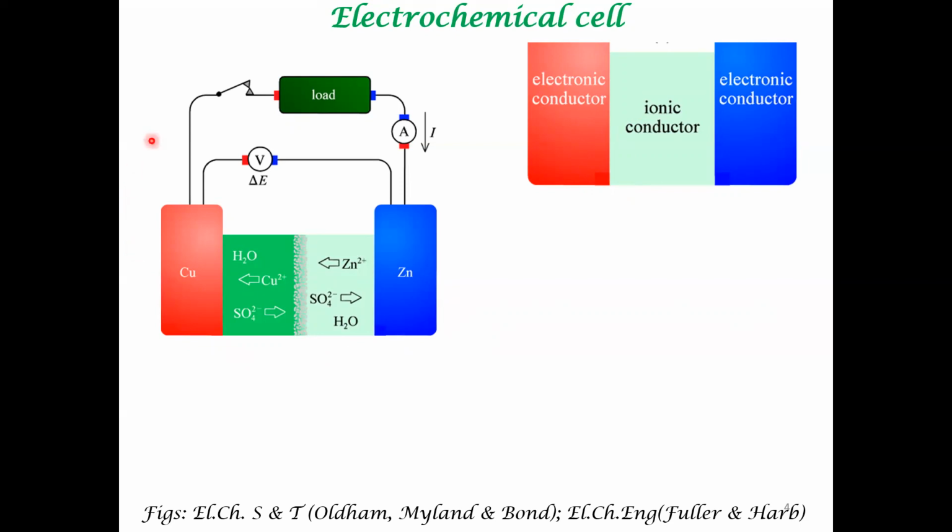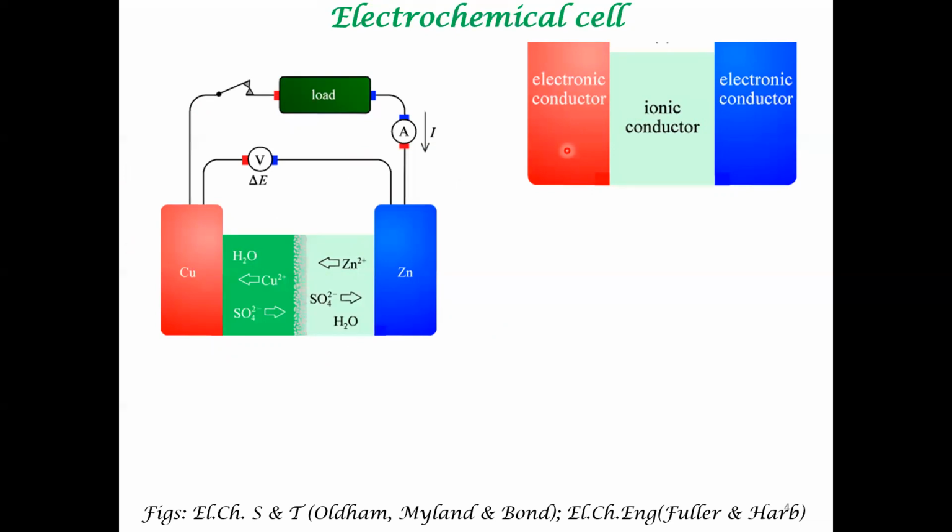What we show here is a Daniell cell. It contains a zinc electrode, which is one of the electronic conductors here, and another electrode is copper. Again, that's an electronic conductor.